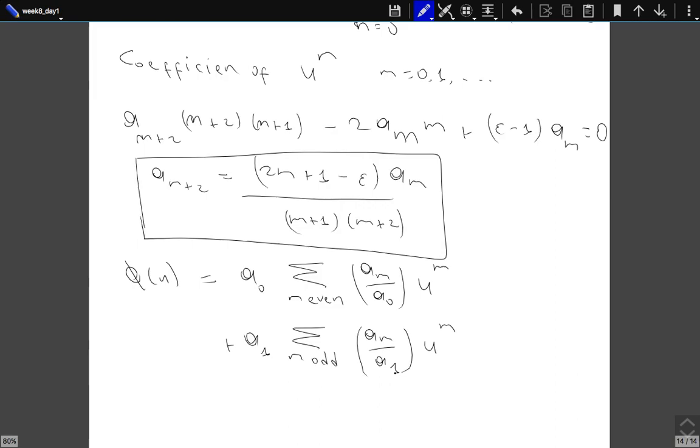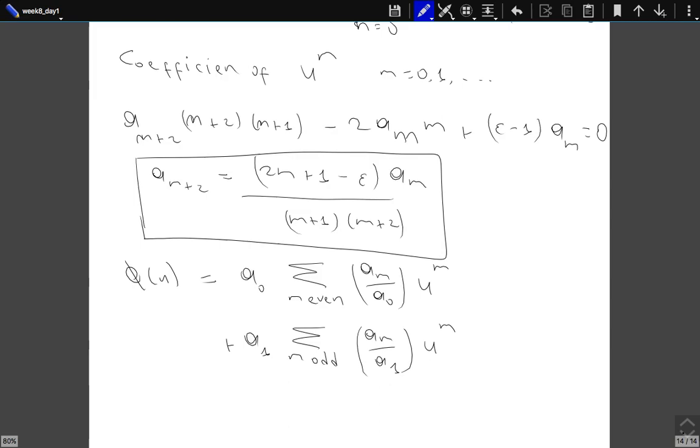Now let's see how these solutions behave for very large values of u. That is what I need to check. I need to make sure that none of those solutions diverge faster than e to the power u squared. Now I will just sketch it.